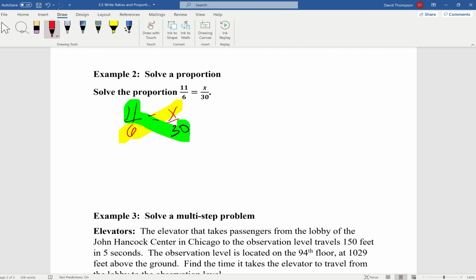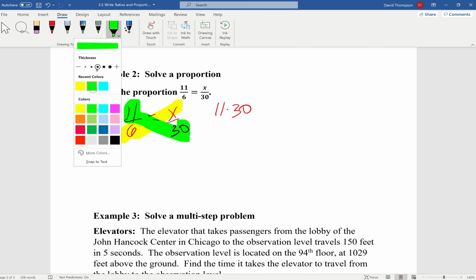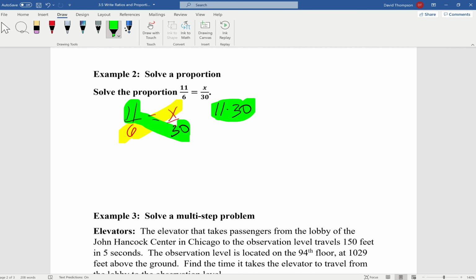So first, we just multiply 11 times 30. And 11 times 30 is 330.